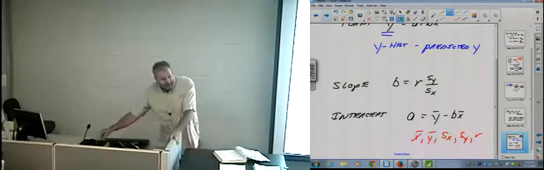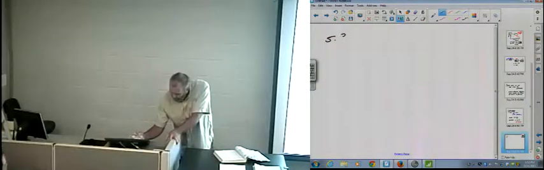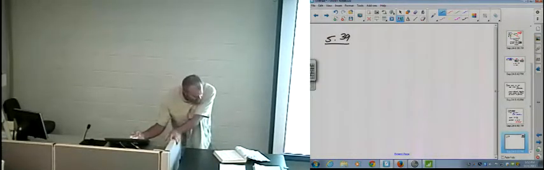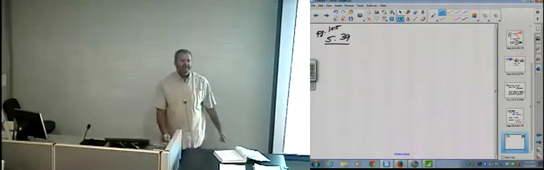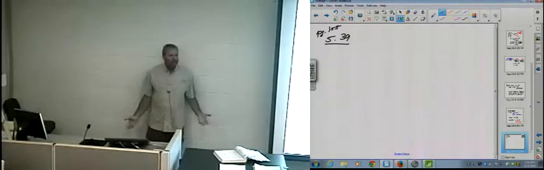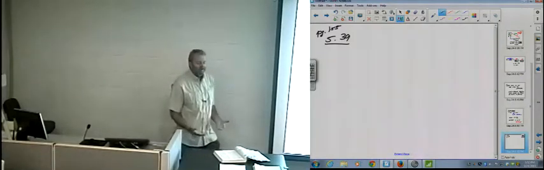I have a reason for picking that problem. 5.39, and that's on page 155 at the bottom there. I feel like this is a standard type of problem in this chapter, dealing with the regression line and how you work with it.